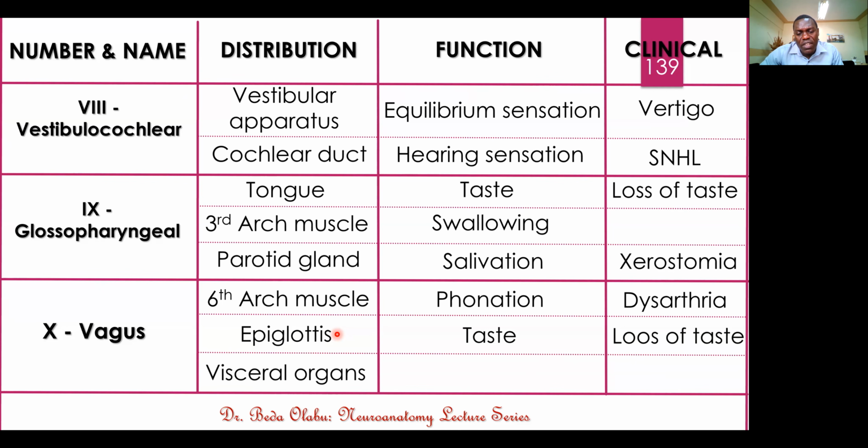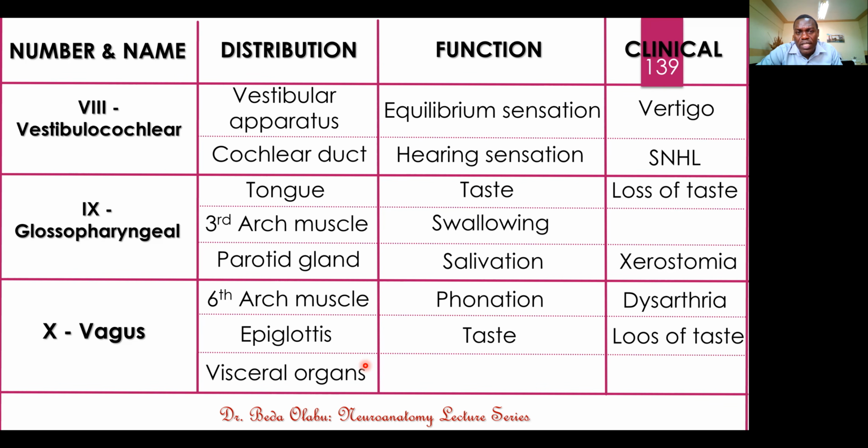Lastly, the vagus nerve also goes to a number of visceral organs. The organs of the digestive system like esophagus, stomach, intestines. Organs of the respiratory system like the trachea, bronchioles, the heart, the kidney.